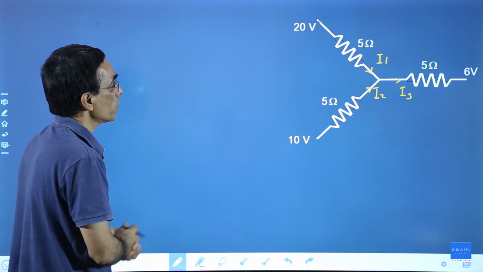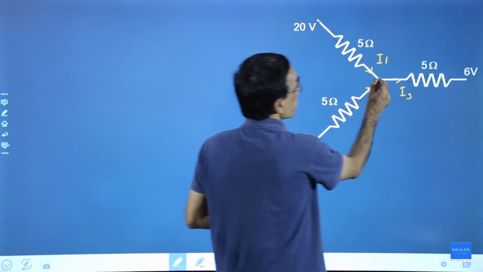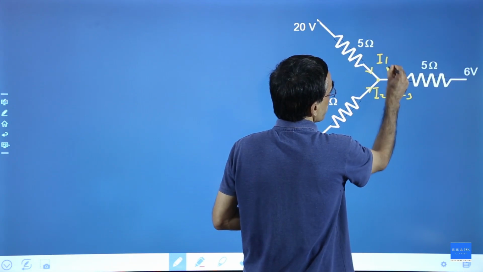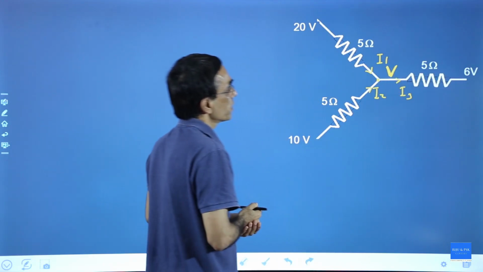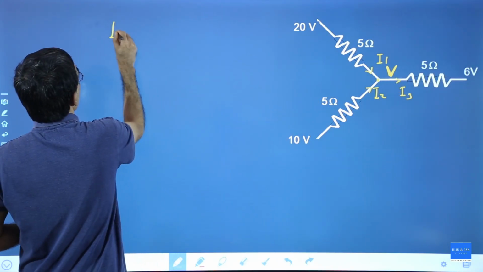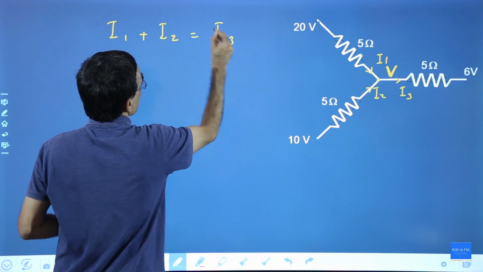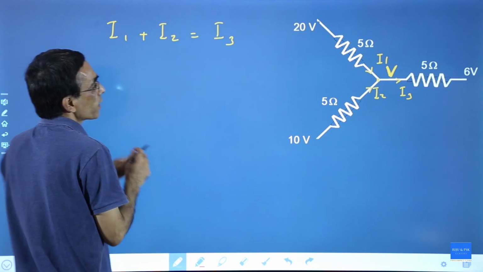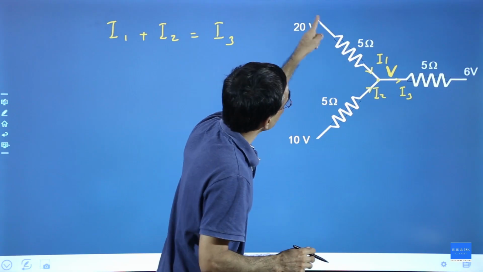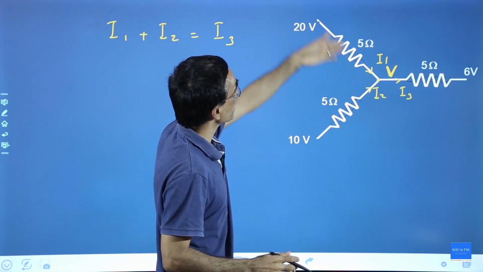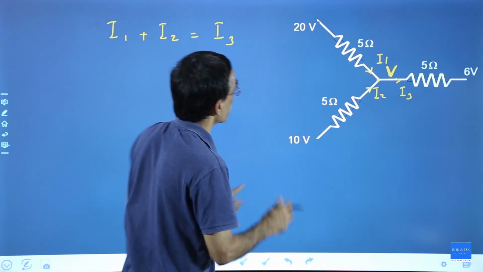Now let us consider the potential at this point as V, which you need to calculate. I can say that the current I1 plus current I2 gives you the current I3, and I can use Ohm's law to calculate current here. We studied that current is nothing but potential difference divided by resistance.